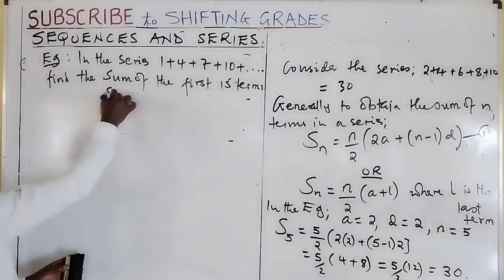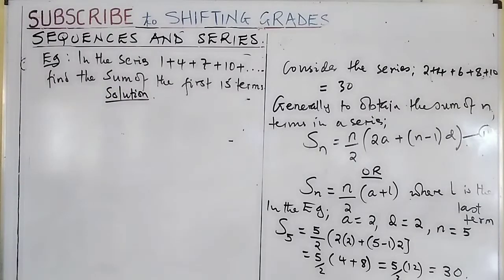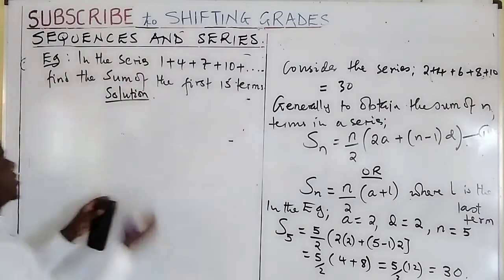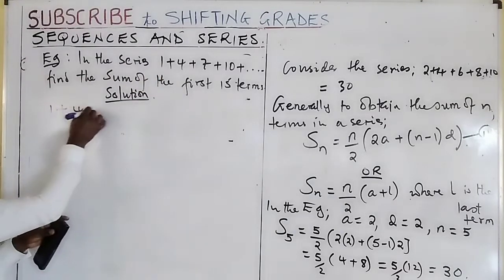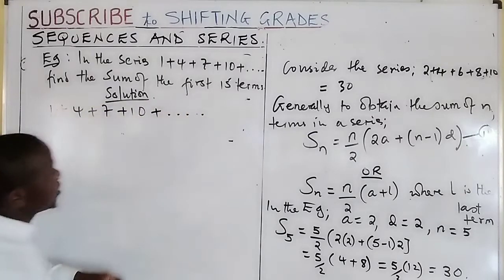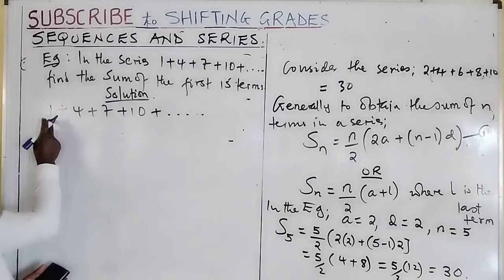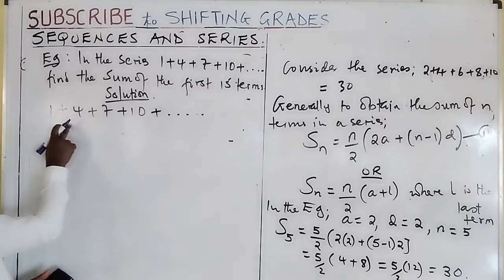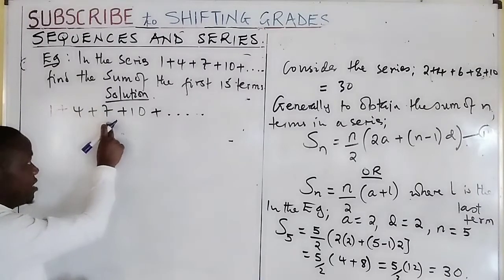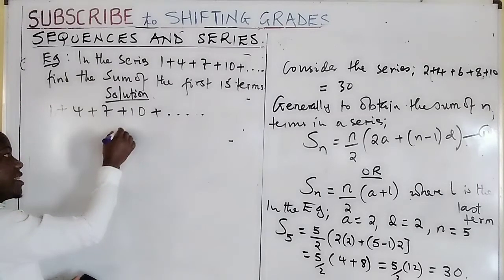Solution. Because we have known that they were 4, 7, 10, these are 1, 2, 3, 4 terms. We can check that from 1 to 4 we have added 3, from 4 to 7 we've added 3, and from 7 to 10 we are adding 3.